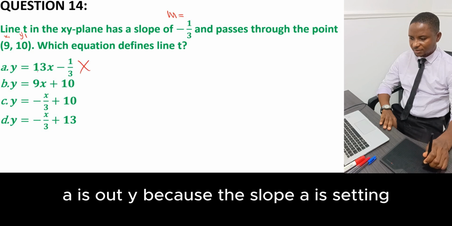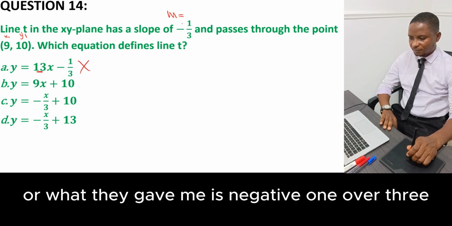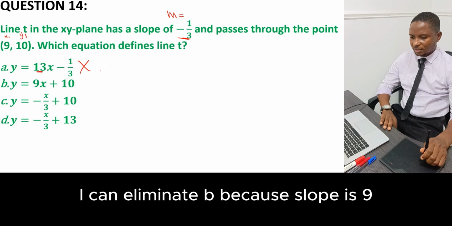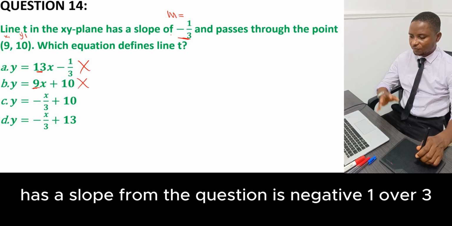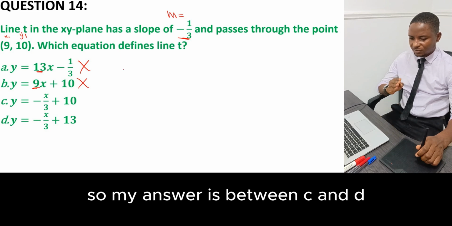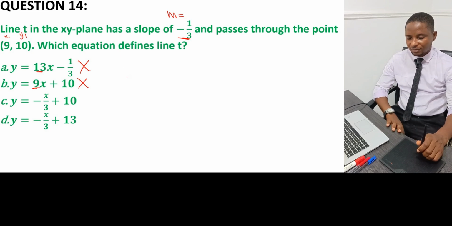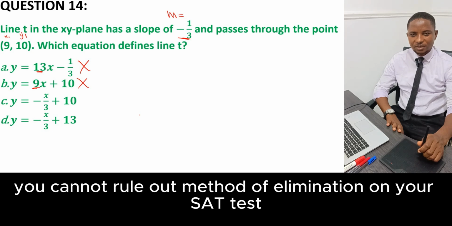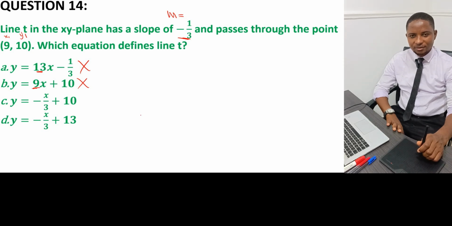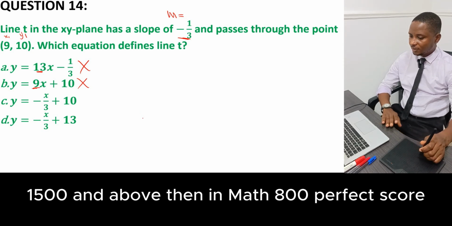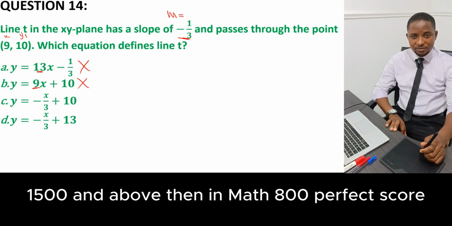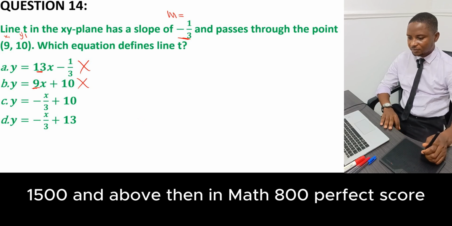Because the slope here is 13, but what they gave me is negative 1 over 3. I can eliminate B because the slope is 9, and what I have as a slope from the question is negative 1 over 3. So my answer is between C and D. You cannot rule out the method of elimination on your SAT to get your 1500 and above. Then in maths, 800 perfect score.